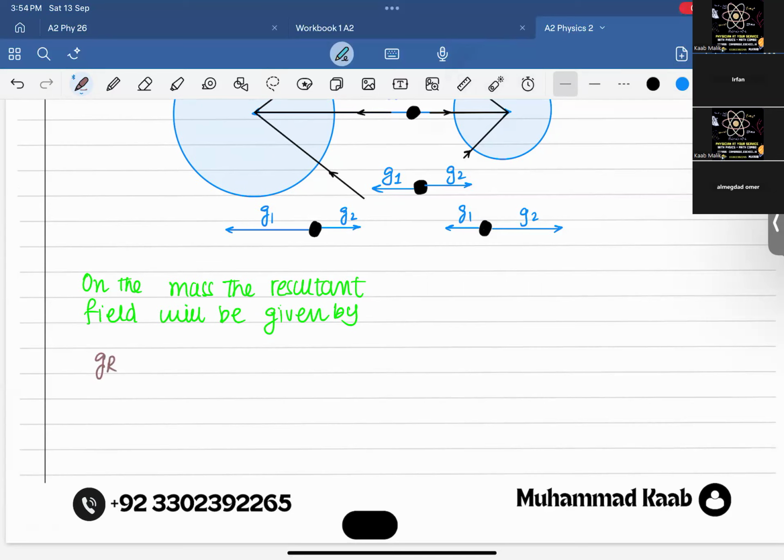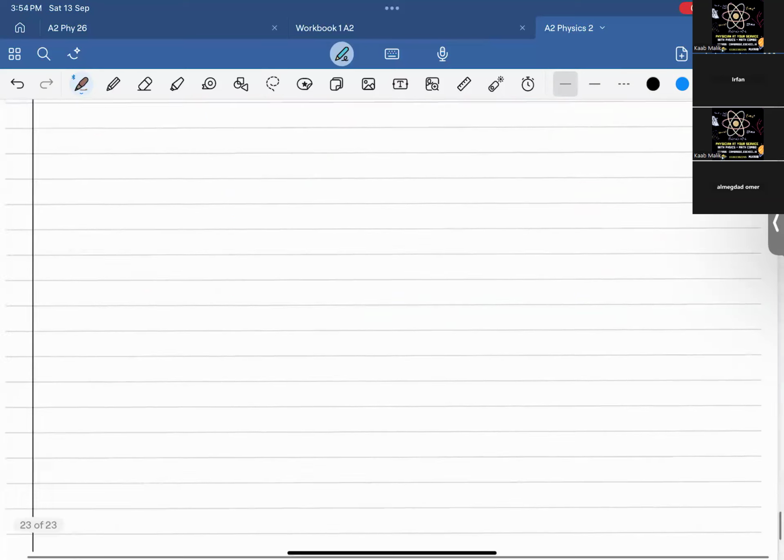G_R is equal to G1 plus G2 with a negative sign, because one of the fields is in the opposite direction. So that is why.